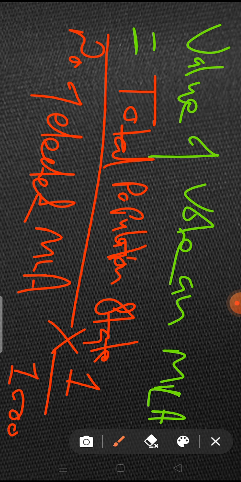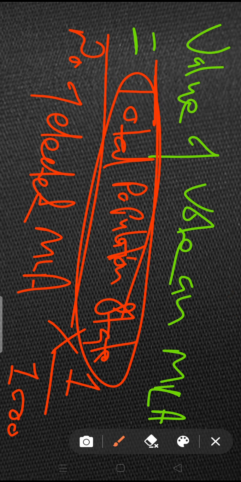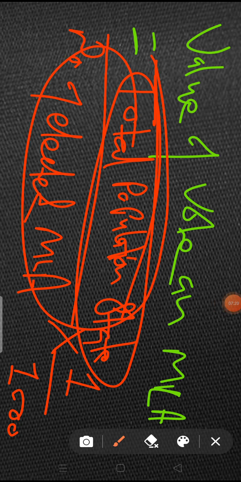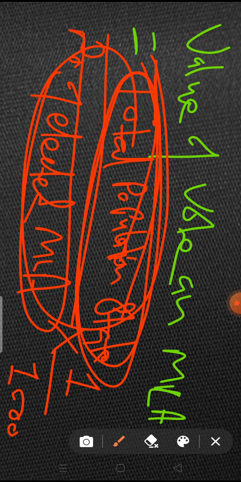Now why did I multiply here? Officially, when you calculate the value, the population is very high as compared to elected members, so this particular value is multiplied by 1/1000.